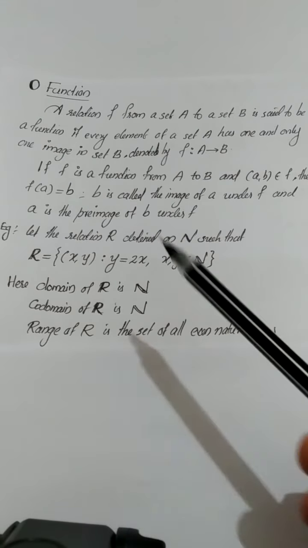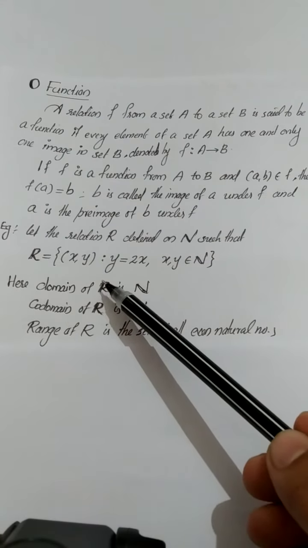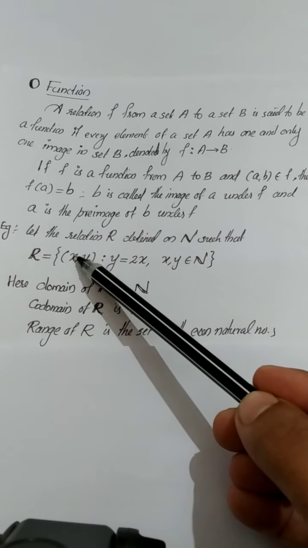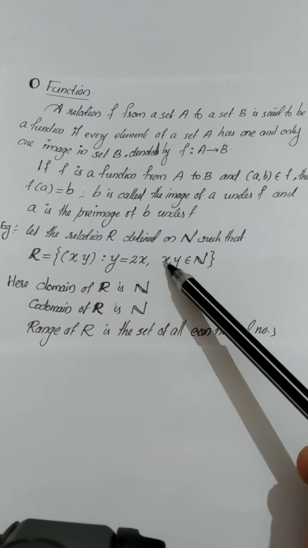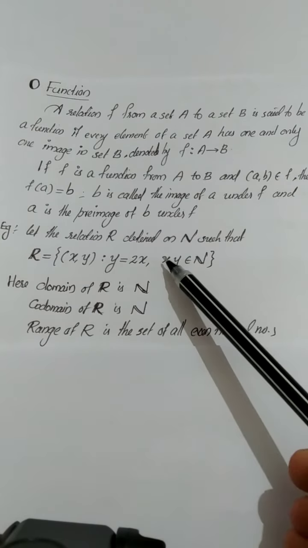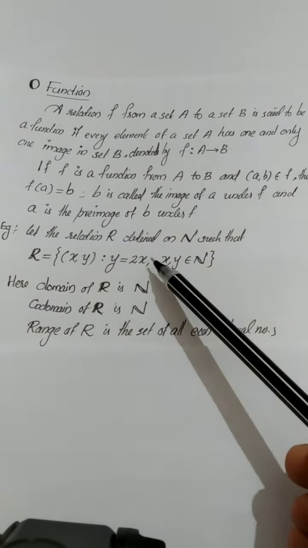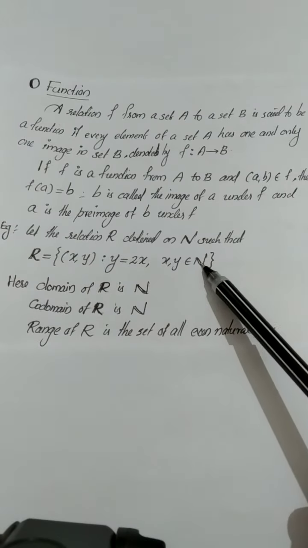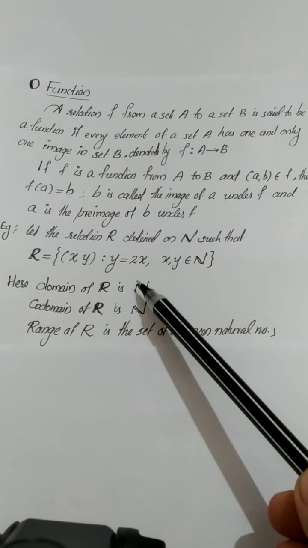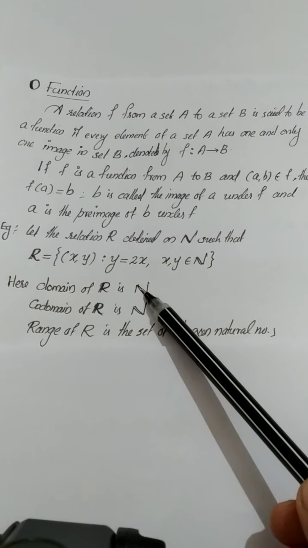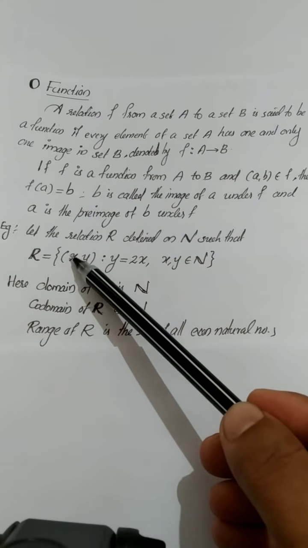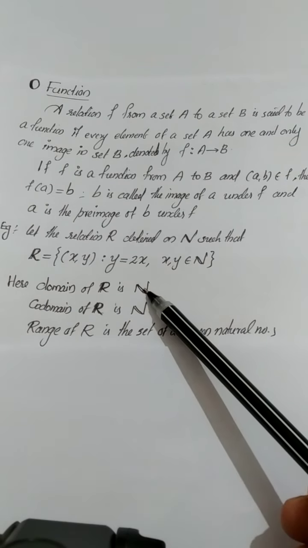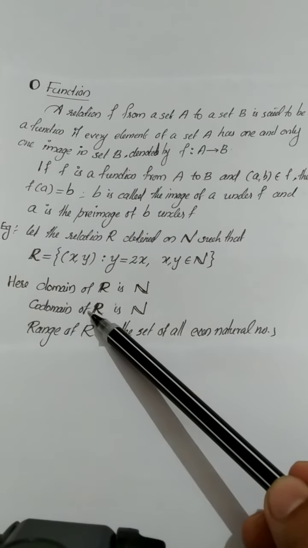So as a relation, we can get the domain of R. What is the domain? Domain means the set of all first elements. So here x, what is x? x belongs to N. The set of all first elements is called the domain. So here the first coordinates belong to N, so we will get domain is equal to N, the set of all natural numbers. We can write every natural number here because x belongs to N. So the domain of R is equal to N. What is the codomain?